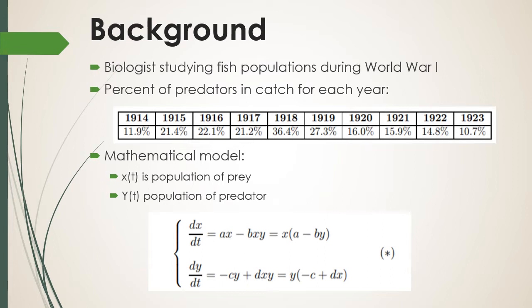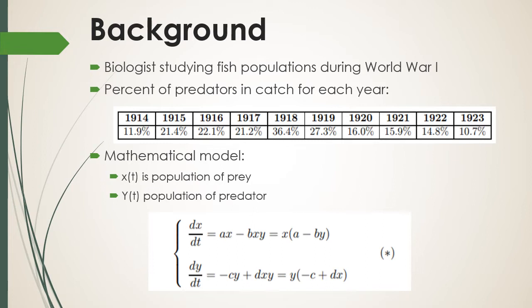The data given in the table is the percentage of Salacians caught, and Salacians are basically predators like sharks, skates and rays. These are the fish that are caught in the large nets that are used, but they're not actually used for food, so they're kind of unintentionally caught.